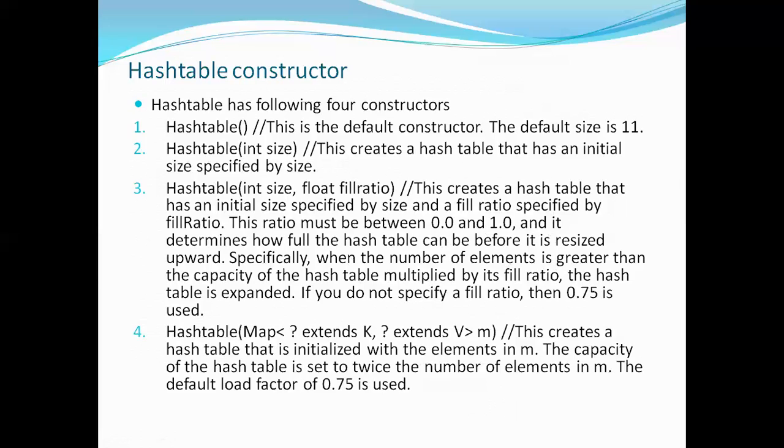So every time it checks this and then fills the values in that hash table. Next is HashTable(Map m). If you are using the map interface, a map is like a collection which extends that particular legacy class. This creates a hash table that is initialized with the elements in m. The capacity of the hash table is set to twice the number of elements in m. The default load factor of 0.75 is used. So this is about the constructors of hash table.